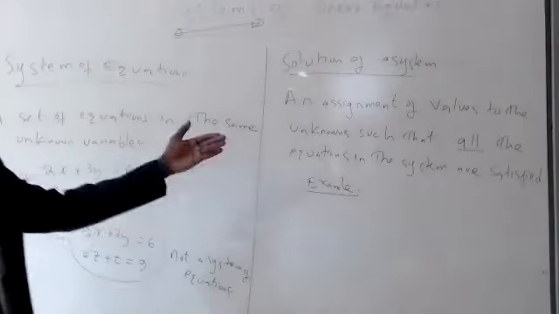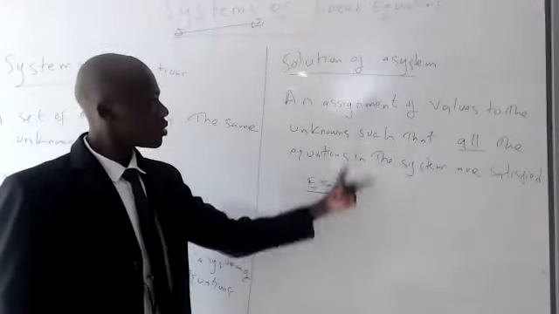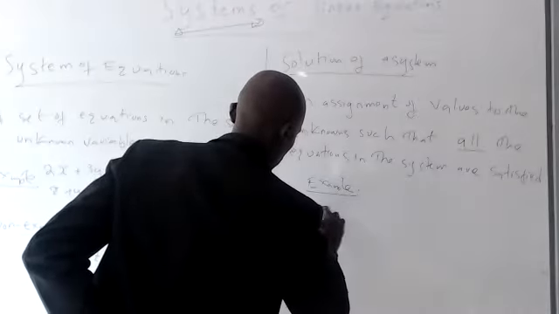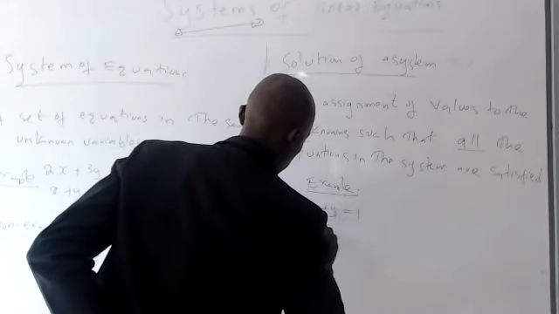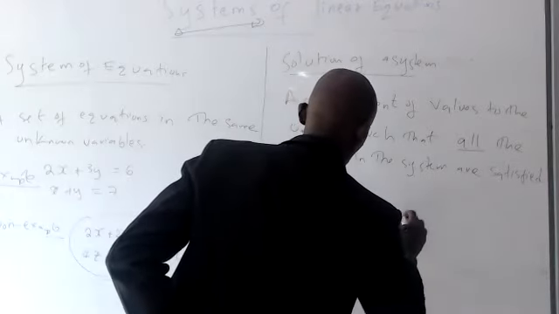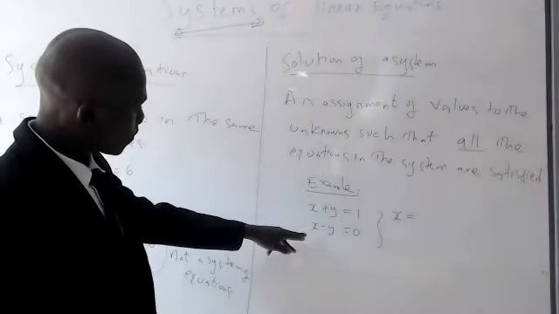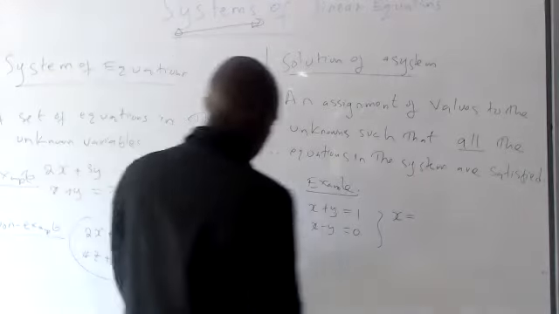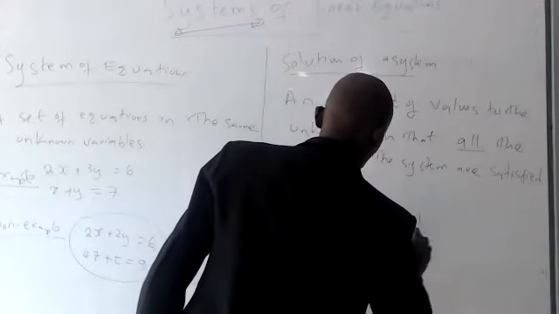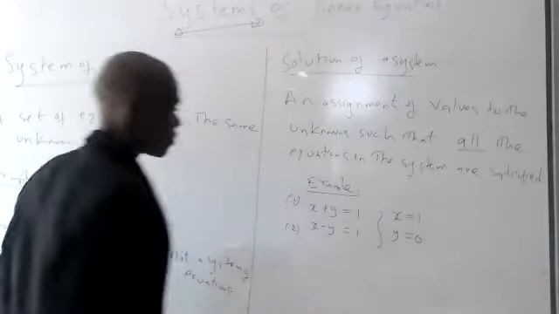So in most cases, we'll be talking about a solution as simply a set of values which make the equations in the system satisfied. So suppose you have maybe x plus y is equal to 1, x minus y is equal to 0, and someone tells you that x is equal to 1 and y is equal to 0. So this is the first equation, this is the second equation.